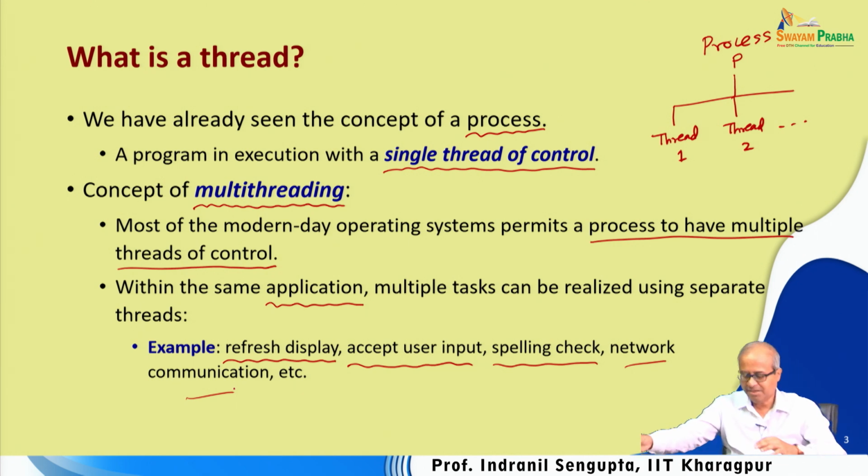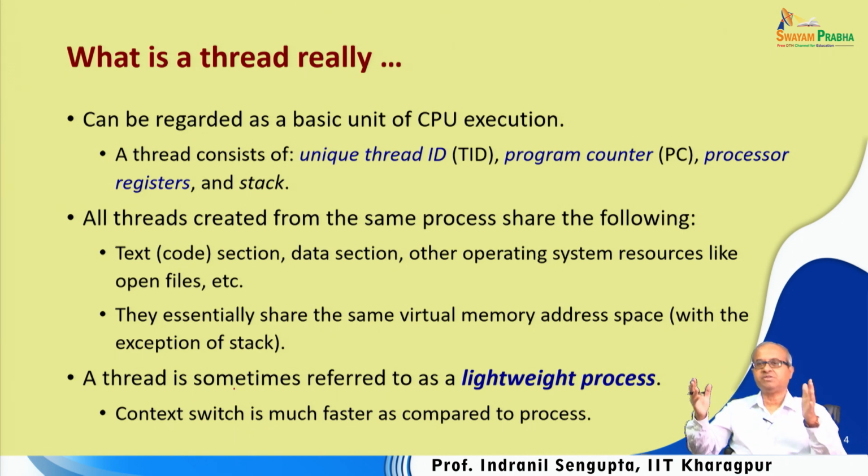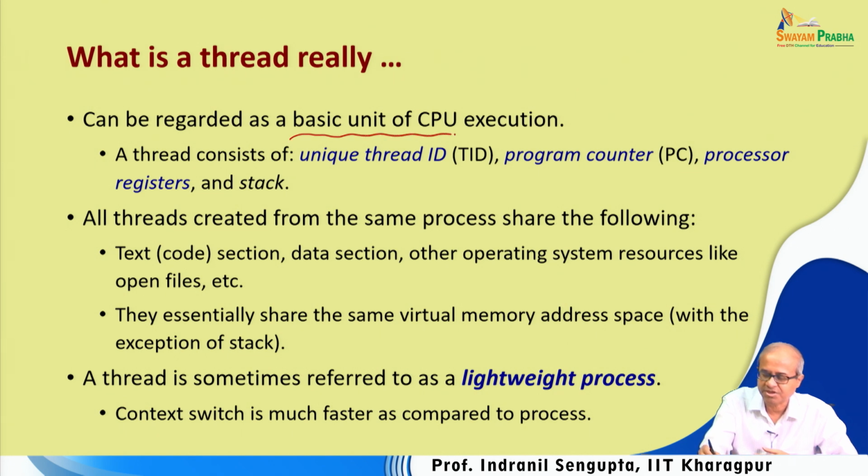Okay. Let us move into a little more detail. Talking about a thread, exactly what is a thread, let us see. Earlier we said a process is a unit of execution. In a system there are 10 processes, we divide our CPU time among the 10 processes. But now we are moving to a finer level of granularity. We are saying that a thread is now the basic unit of CPU execution, not the process.